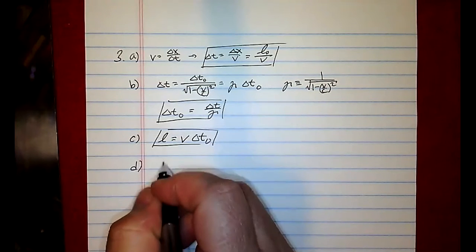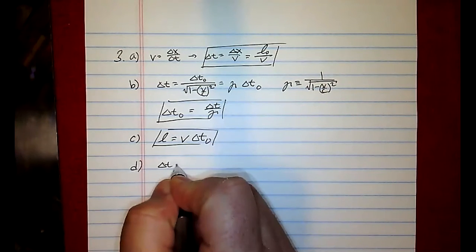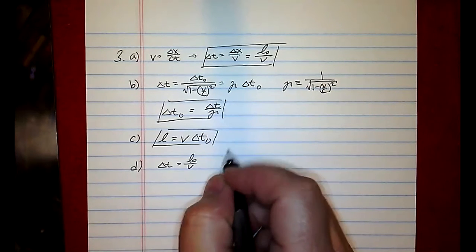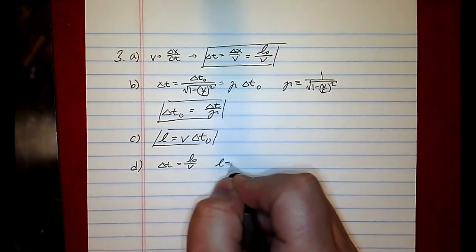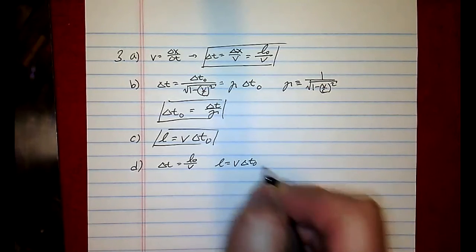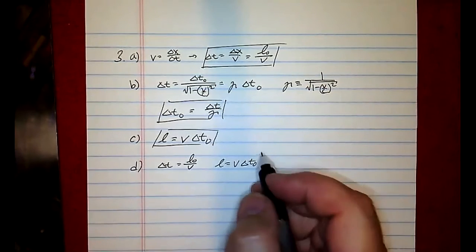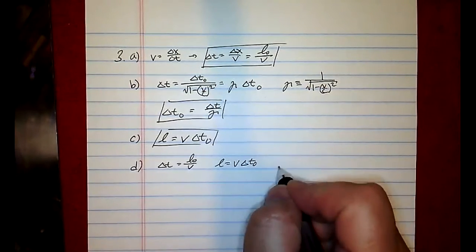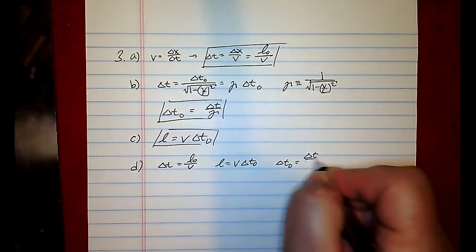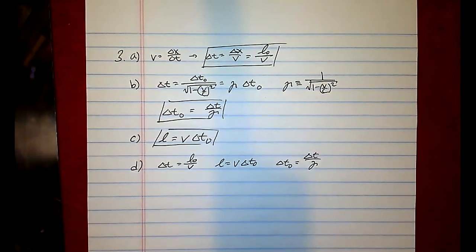So we have A was that delta t is equal to L0 over V. And from part C, we have L is equal to V times delta t 0. But as you can tell from part B, delta t 0 is equal to delta t over gamma.